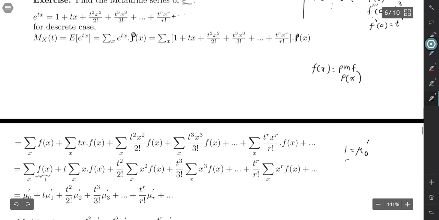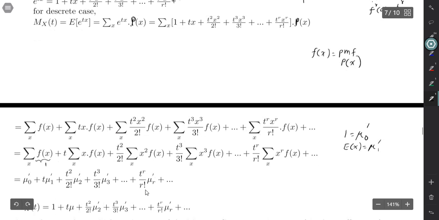So you have E of x, or that is the first moment about the origin. That is the notation. So we replace this summation by mu1 prime. In a similar manner, you do the same substitution for the sum of x square fx, x to the 3 fx, x to the r fx. So that becomes the second moment about the origin, third moment about the origin, all the way up to the rth moment about the origin, and it goes on, because this is an infinite series.